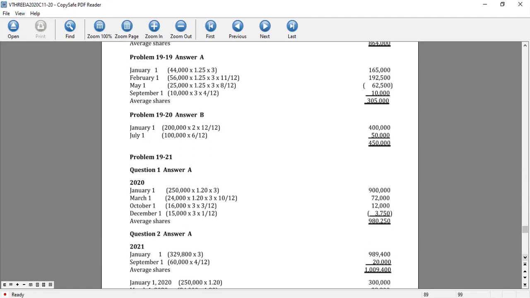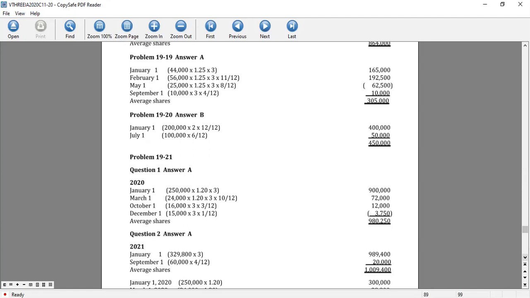Then 19-21, we have two questions. 19-21, one, what's the weighted average number of shares for 2020 for comparative financial statements at the end of 2021?